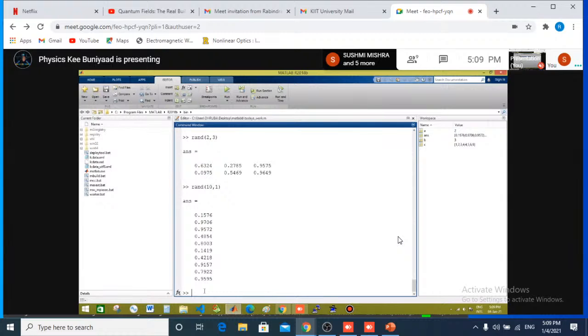By default the variance is 1. The command itself has a default variance of 1.